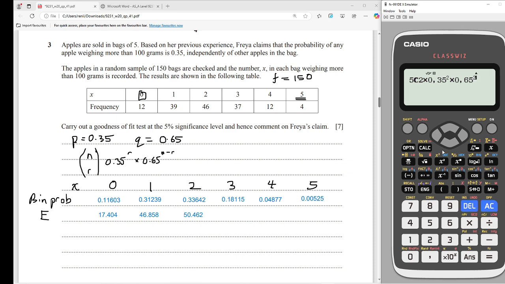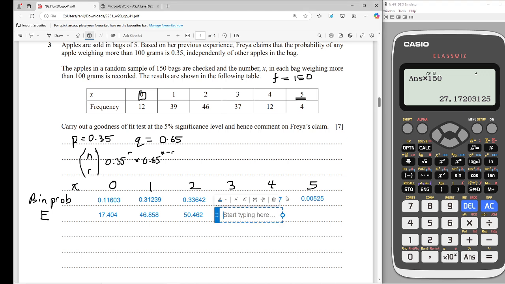We have here to power 2, this becomes to power 3. What we're doing is just repeating to get each of the binomial probabilities. It would be easier to just calculate the binomial probability and then do the expected value, which would have been much more efficient. And we get here 27.172.